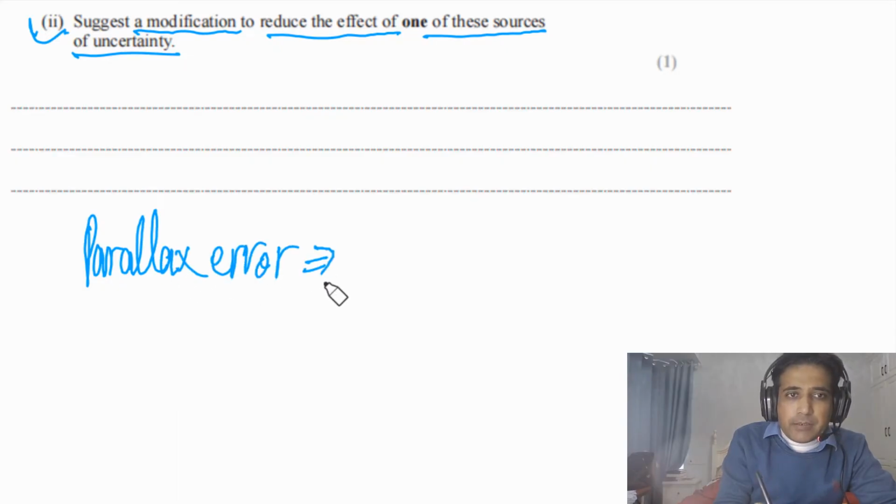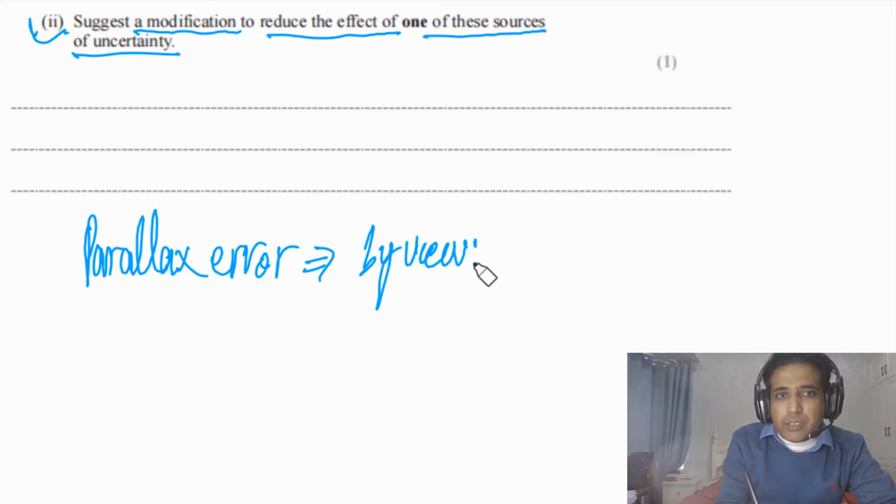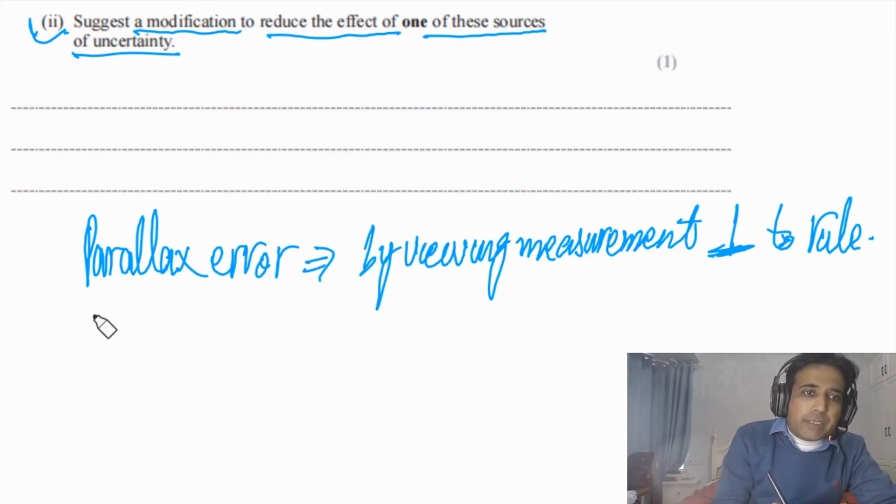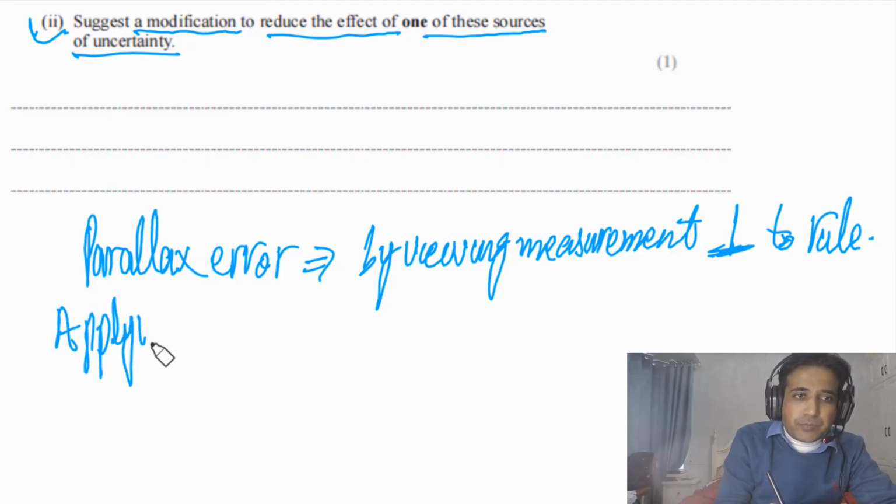Minimize parallax error by viewing the measurement perpendicular to the meter rule. So this is one way. Second, we have discussed applying force in the previous part.